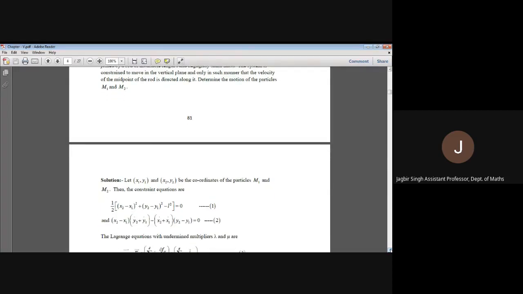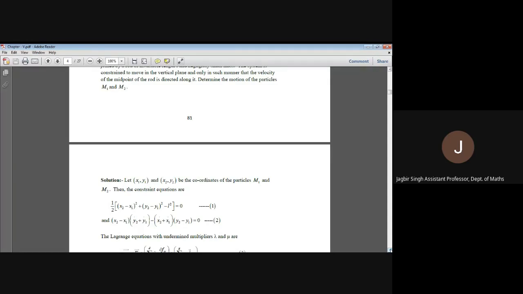So the constraint equations will be, the first constraint is a finite constraint and it is the length of the rod. So it will be (x2 minus x1) square plus (y2 minus y1) square is equal to L square. We brought L square to the left hand side and then multiplied by 1 by 2. It hardly matters.